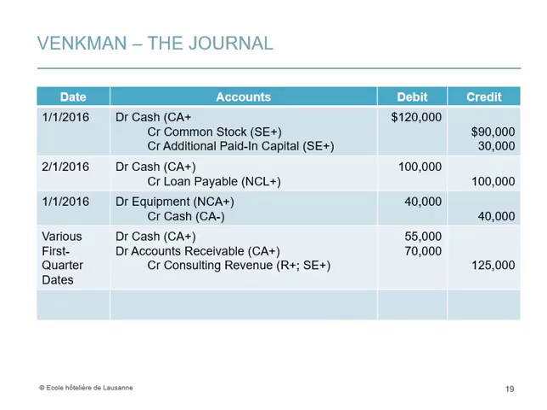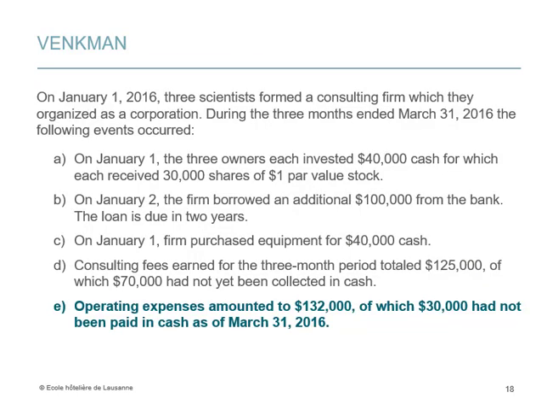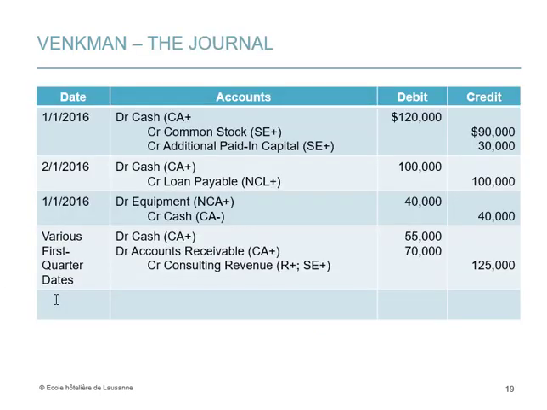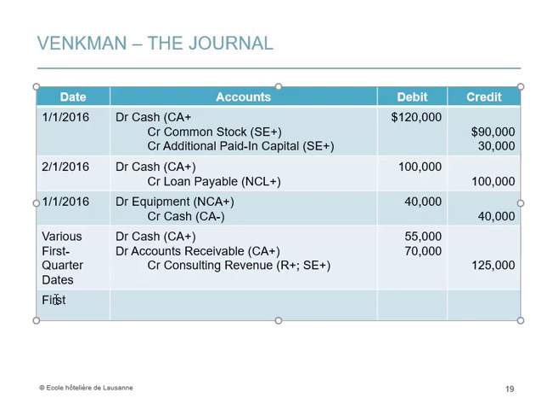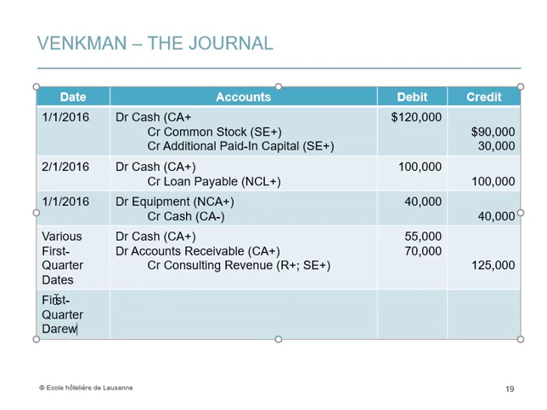So let's see how we'll report it in our account. Again, we don't have the exact date when this happened, so we assume that it's still the first quarter dates when it's happening.